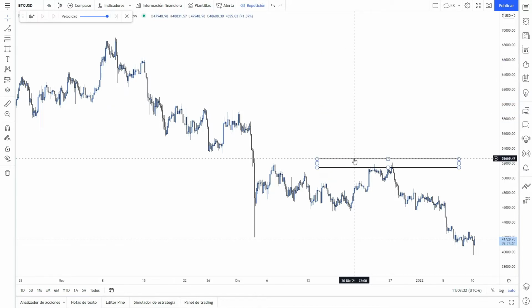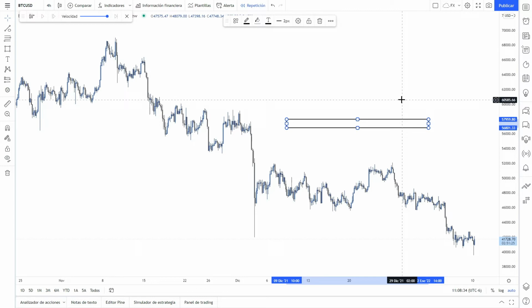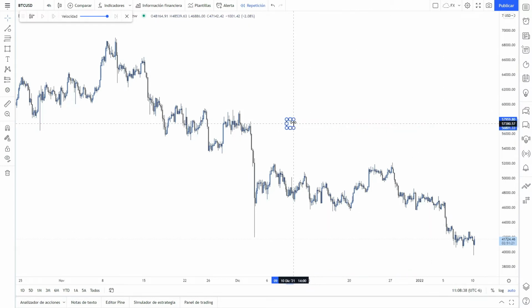So how do we do it? We need to follow some rules. These movements, demand or supply levels, will have a base candle, which is the very last candle before the movement, either to the upside or to the downside. Let's use green.